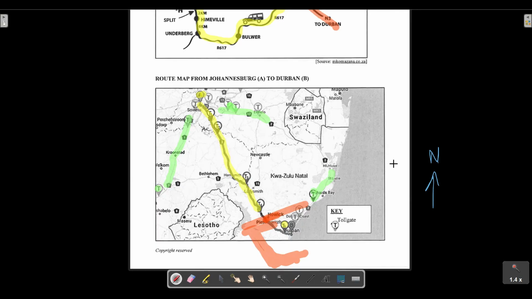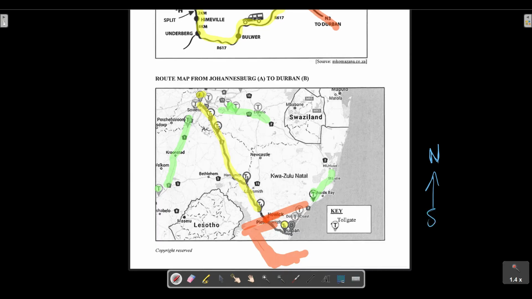But if you just think about it, guys, obviously we're on the continent of Africa, and where is north? North is in that direction because they've just cut out a small part of this route map of Africa. But where is north? Because we're in the southern hemisphere, so we're here.